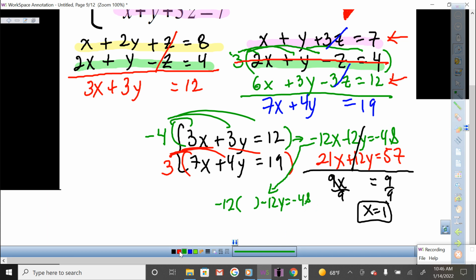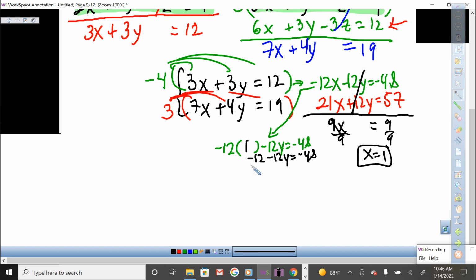We substitute in there 1, so this is negative 12 minus 12y equals negative 48. So, plus 12 plus 12, that is negative 12y equals negative 36. Last but not least, divide by negative 12, so y equals 3.